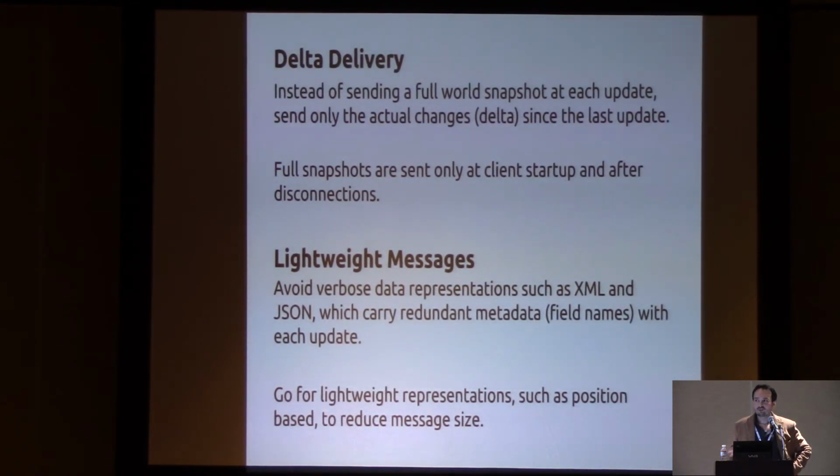You only want to send what has really changed. So if your game server, your physics engine, produces a full snapshot for each cycle, what you want to do is to compare it to the previous output and only extract the changes, and then only send the changes to the client in order to highly reduce the bandwidth that is involved.